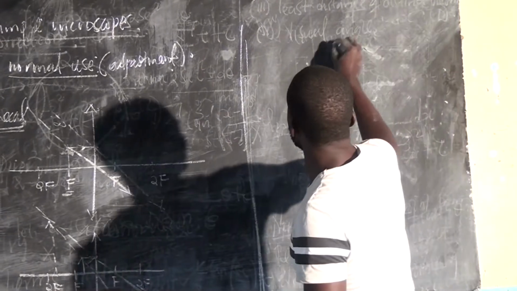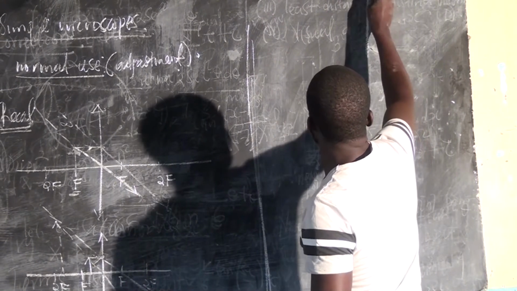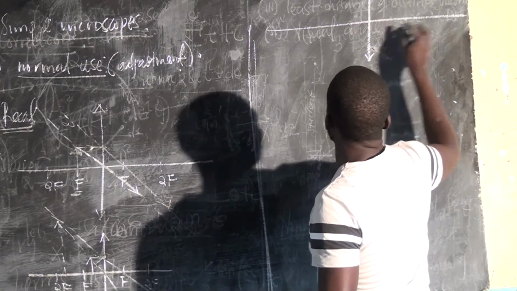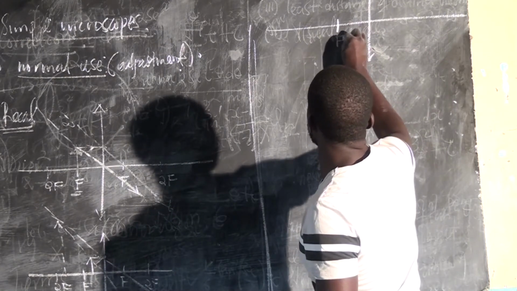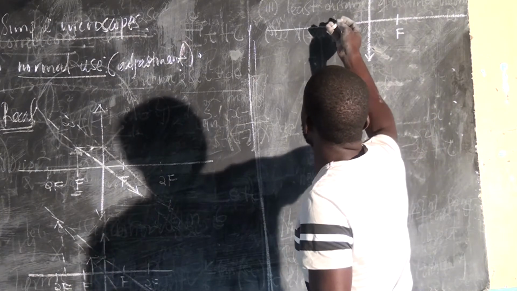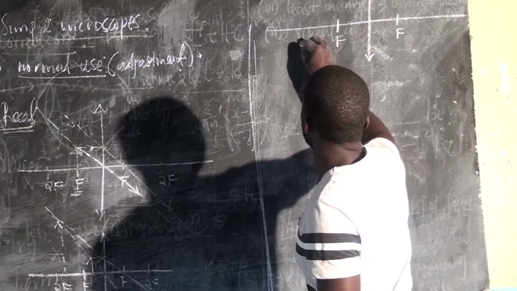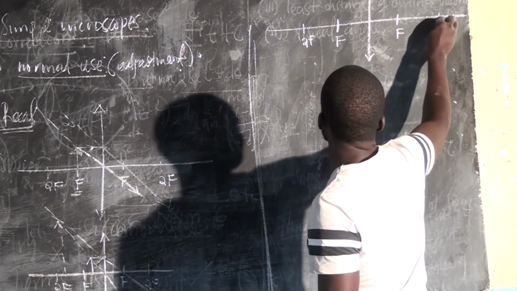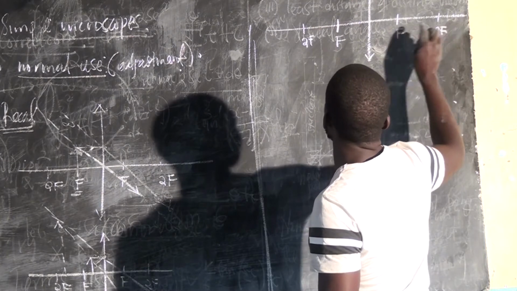So if this is the lens like that, let me have F here. Of course, I'll be having F there. Then this is 2F, no problem. The other one is also 2F, like that.